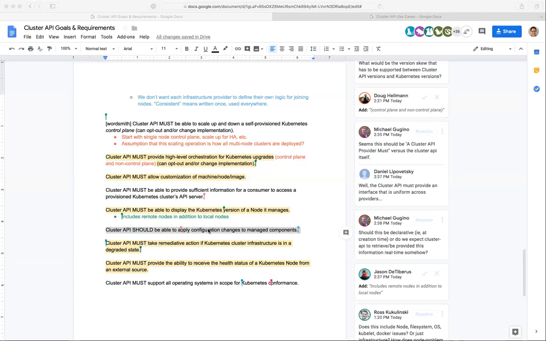Yeah, we are. Do we think it's plausible for a provider to have a solution for this? They could. Just because it's not in core doesn't mean that a provider can't do whatever they want. That's part of the whole flexibility of a provider.